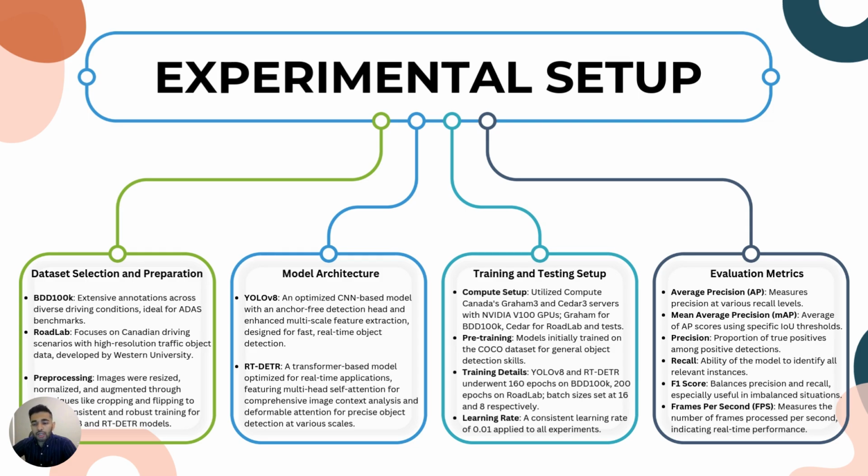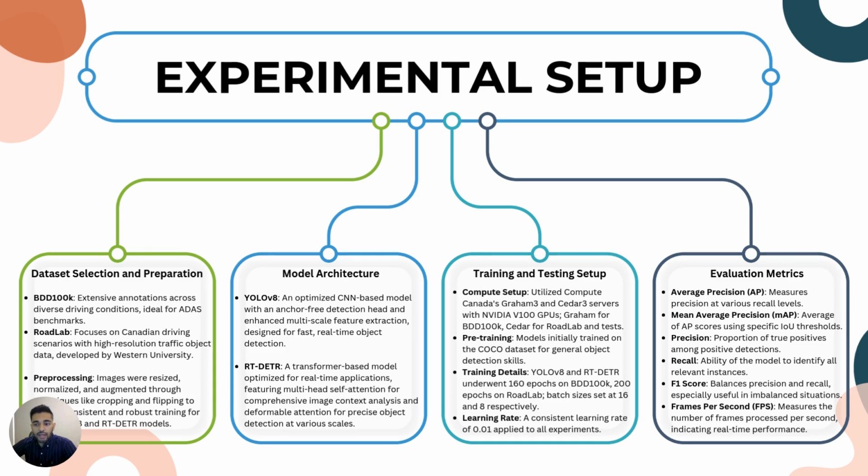And moving on to the architecture of the models we tested, the models are YOLOv8 and RT-DETR, which we have already discussed. But I'll be diving a bit into the architectures of these. YOLOv8 is an evolution of the YOLO series featuring an optimized CSPDarknet53 backbone that improves gradient flow and reduces complexity.